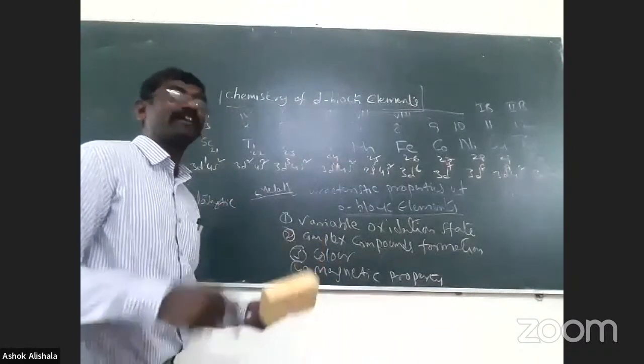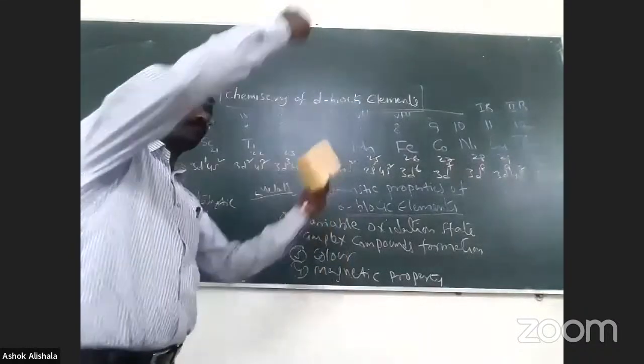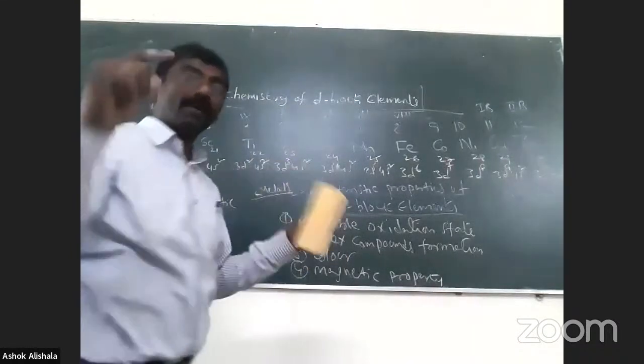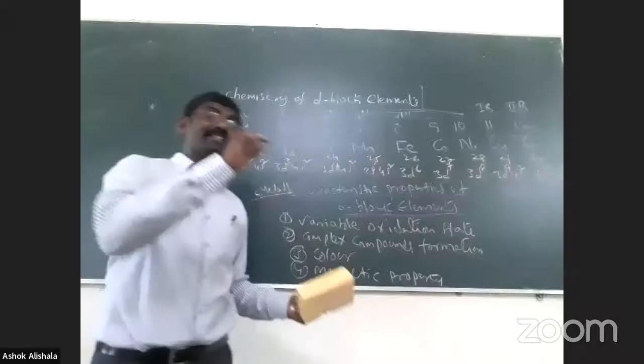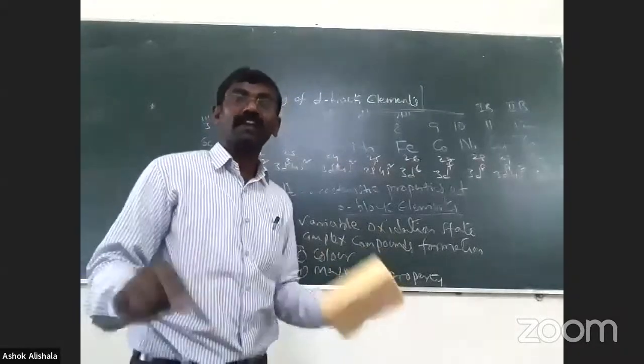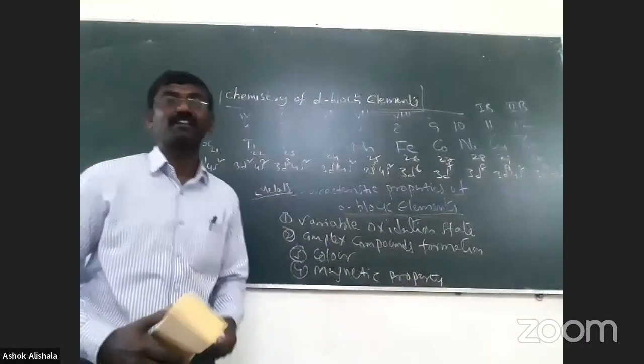That can be explained in terms of the inert pair effect. What is the inert pair effect? While moving down in a group, in the bulky or last or large element, the participation of ns electrons is decreased. So when the 2 electrons are not participating in the bonding, that pair is called inert pair.